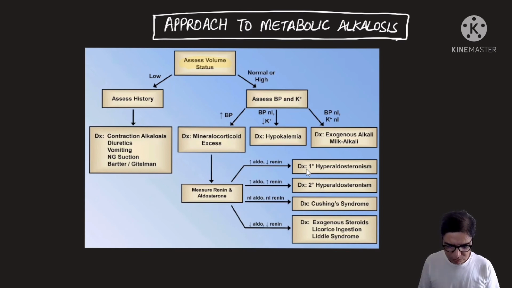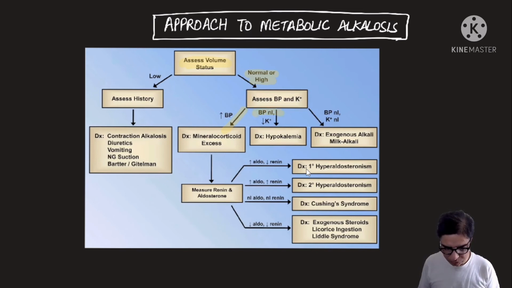If the volume status is normal, they're not dehydrated or rather edematous, then the next thing is to do serum electrolytes and check blood pressure. If the blood pressure is high, then it's probably because of mineralocorticoid excess, and there is something wrong with the renin angiotensin axis, and you have to measure aldosterone and renin levels. Again, that would probably go to the pediatricians for further workup.